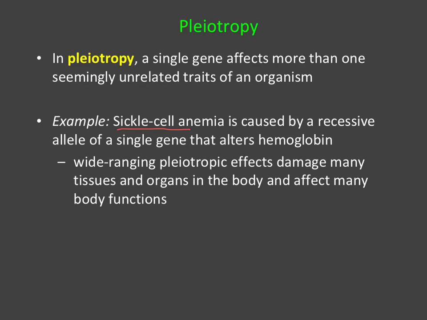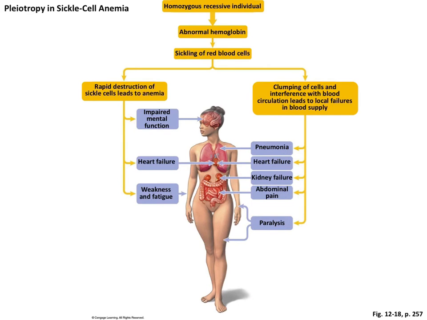That causes sickle cell anemia. However, it turns out that because your blood cells are taking this sickle shape versus the beautiful round shape that they're supposed to have, this can have physical effects that exhibit in sickle cell patients. So pleiotropy means that even though only one thing is changed, you get system-wide effects.